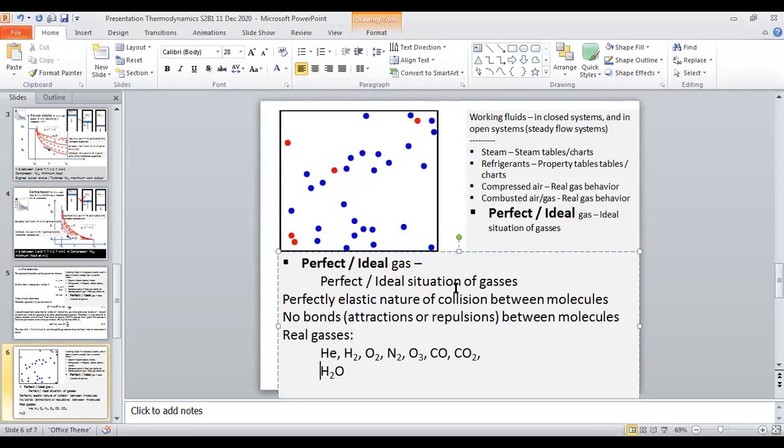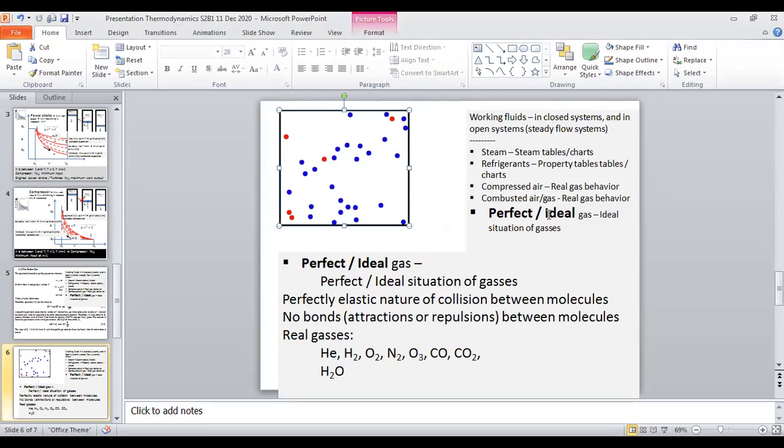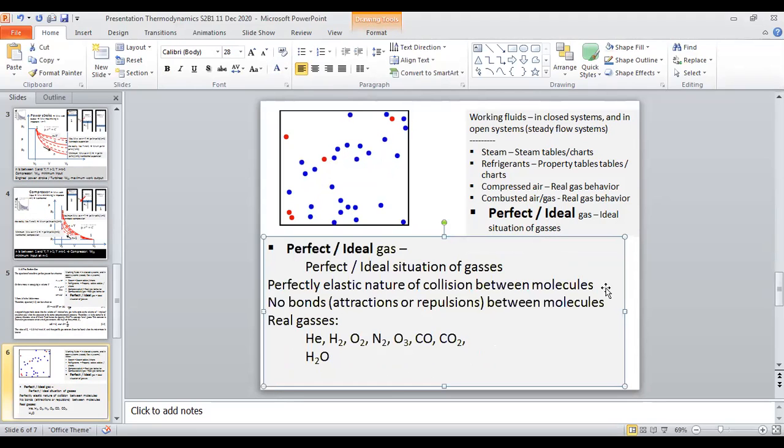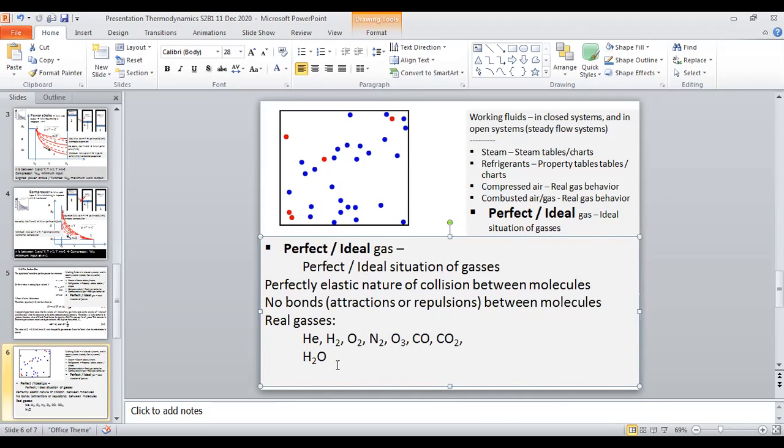Water as a gas, do you think it's possible? Why not? Let's say H2O.